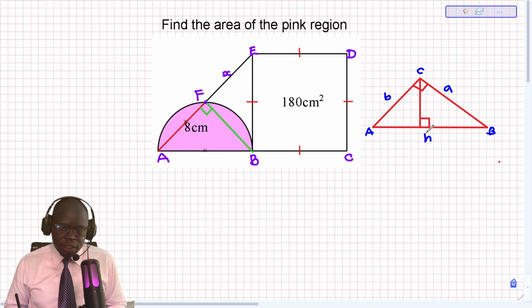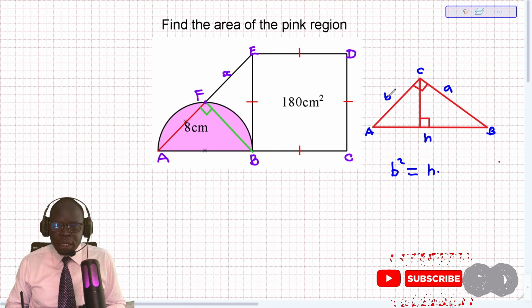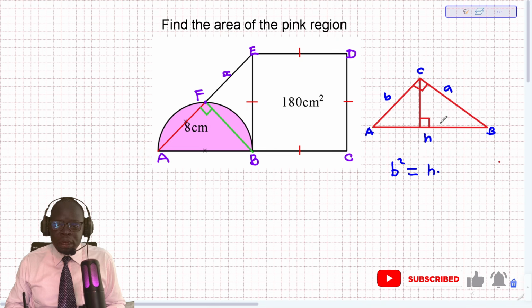The theorem states that the square of any leg, let's say this leg AC, that is B, is equal to the product of the hypotenuse, which for now is H, and the projection of that leg onto the hypotenuse. So the projection of the leg AC is this distance from here up to there.